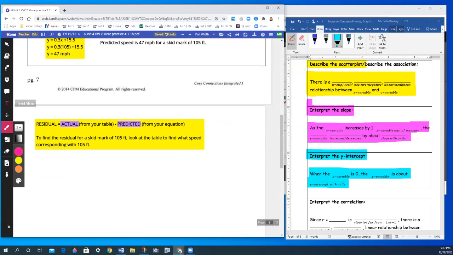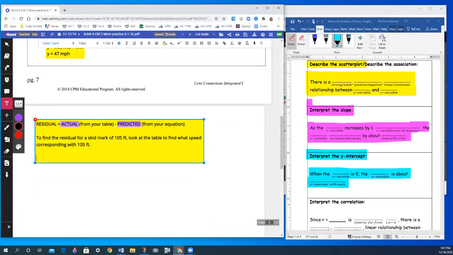So for residual, I'm going to take my actual, which is 50, minus my predicted, which we just found in the problem above, and that is going to equal 3. So we are off by 3 miles per hour.